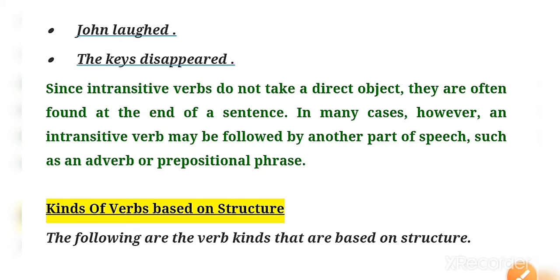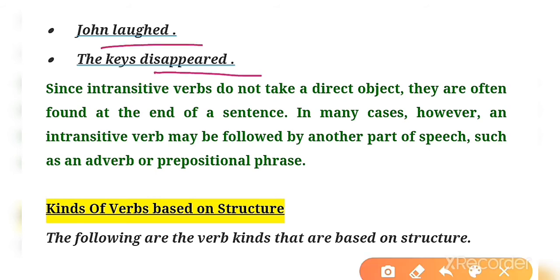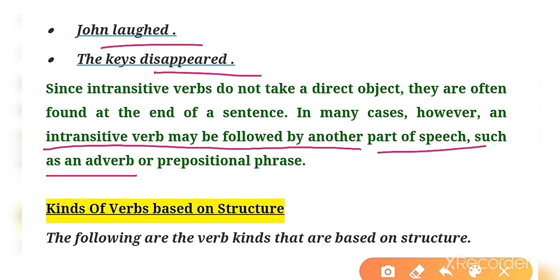Again, disappeared is a main verb used as an intransitive verb. Since intransitive verbs do not take a direct object, they are often found at the end of the sentence. In many cases, however, an intransitive verb may be followed by another part of speech, such as an adverb or prepositional phrase. That is another thing we will discuss later.